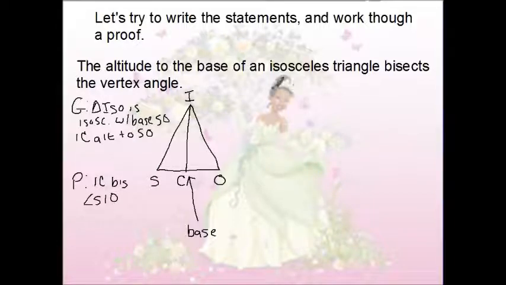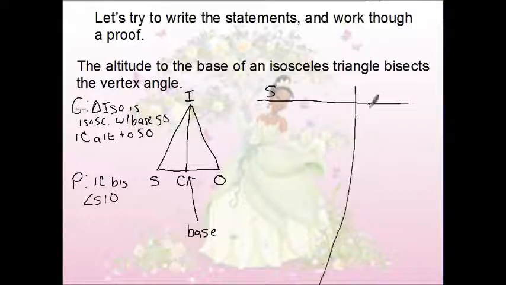So here we go. Statements and reasons. Starts off with those givens. So here we go. Triangle ISO is isosceles with base SO.